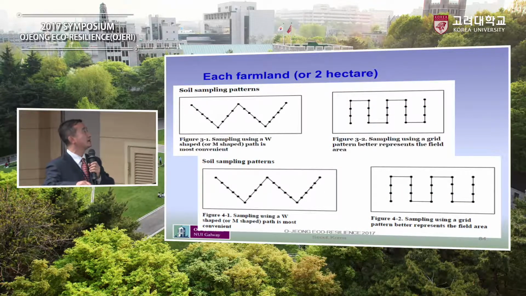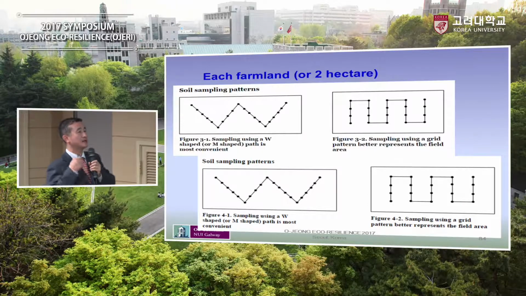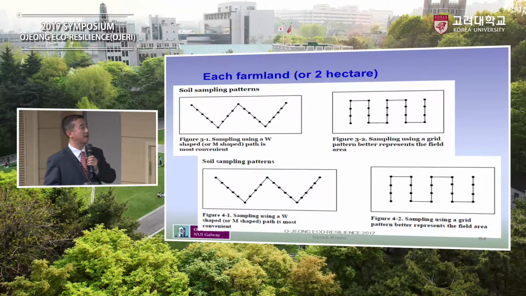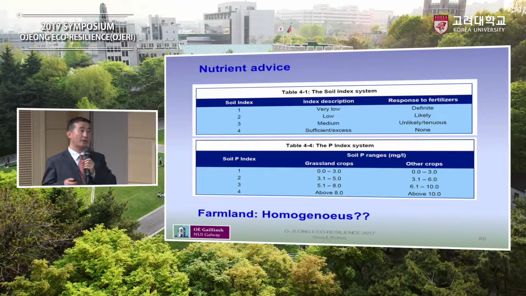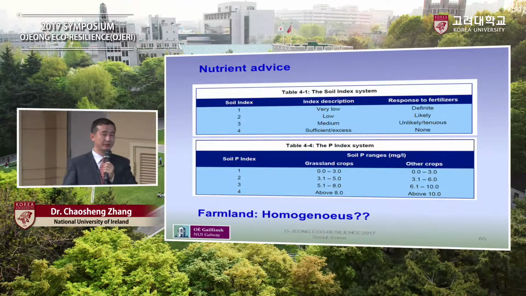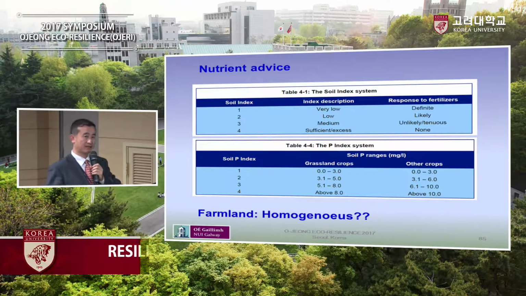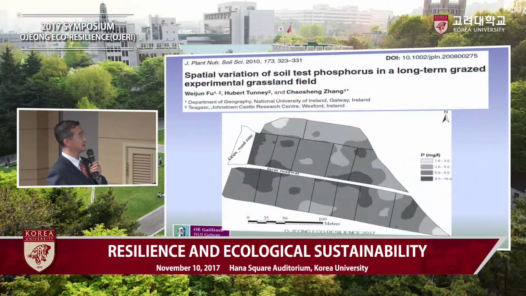It's based on mixing samples from a shape, putting all those samples together in one land, and getting an average value. And the problem is that they assume the land is homogeneous. But just now, we already showed the strong variation at different scales. So definitely something is wrong there. That's what I'm attacking. I hope in the near future, Ireland will improve based on those concepts.